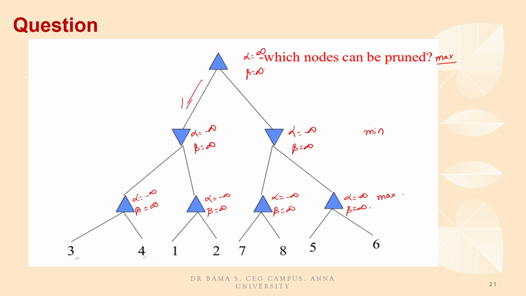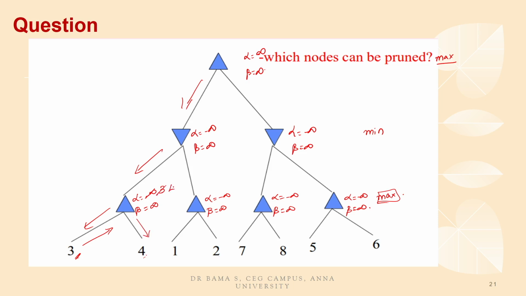So really here alpha is minus infinity and beta is infinity. Suppose through depth first search it comes like this, and it finds 3 as a value, and because it is a max level, alpha gets updated to 3 and it comes down to this 4.